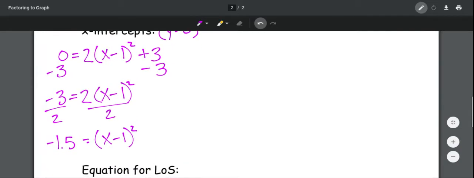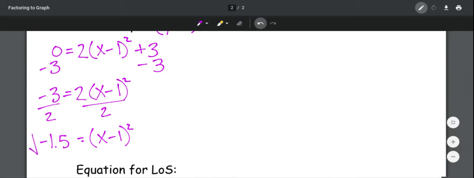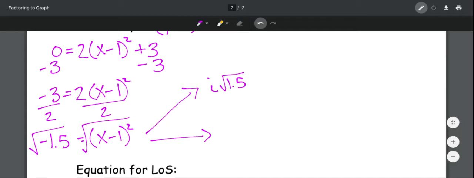If you come across a negative square root, if you remember from last chapter, we said that was an i. It was imaginary. So I'm going to do i square root 1.5, negative i square root 1.5 equals x minus 1. And then I just add 1.